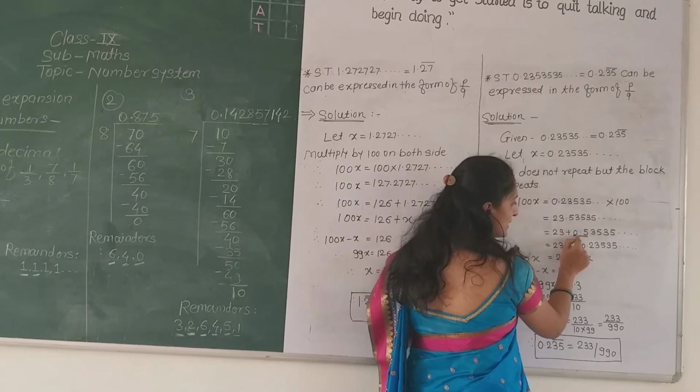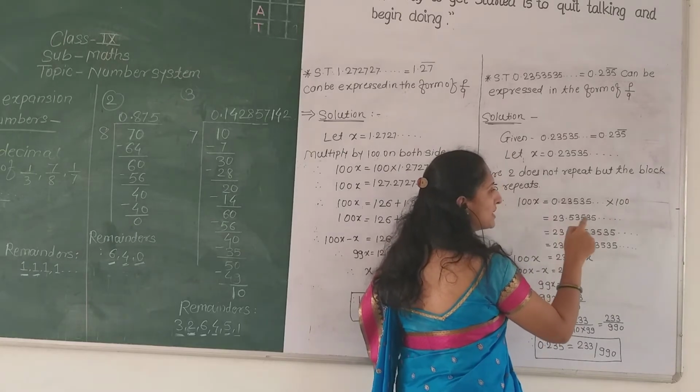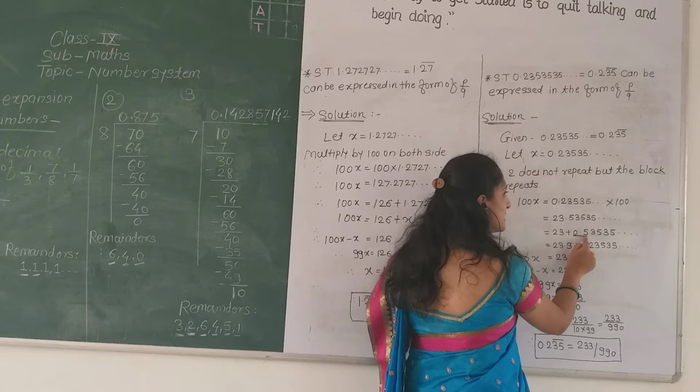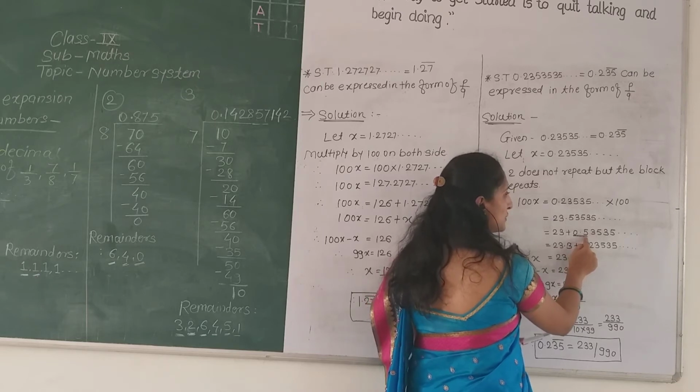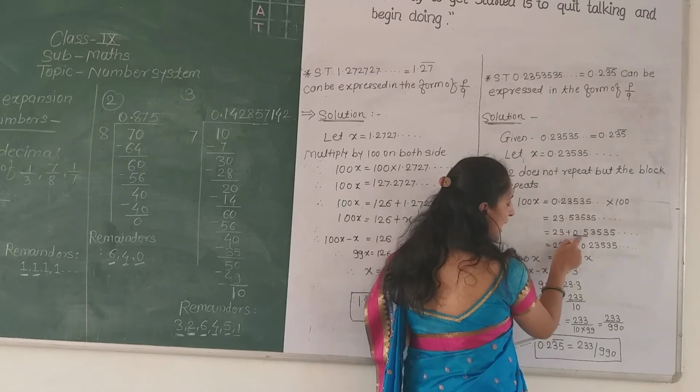So I split that 0.5 in the form of 0.3 plus 0.2. 0.5 can be split as 0.3 plus 0.2. That 0.3 is added to this number, so I add 0.3 to 23. So we get here 23.3.